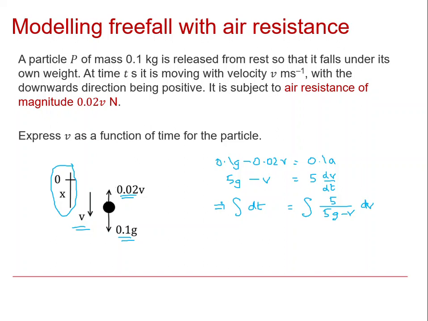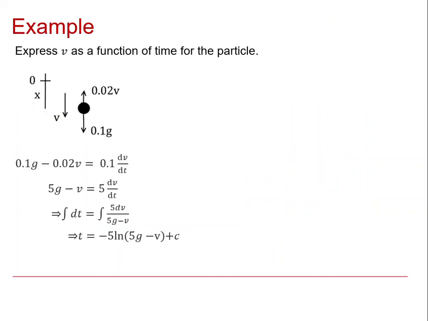That will give us an integral which is a log, so we'll get t is equal to, and if we guess, it's log of 5g minus v, and the only way that's wrong is we've got a minus sign. So taking the 5 that's in the numerator, we'll have minus 5 log of 5g minus v, plus a constant, of course. Okay then, so that takes us to where we've got to at the bottom of the page there. That's the expression we've just got.